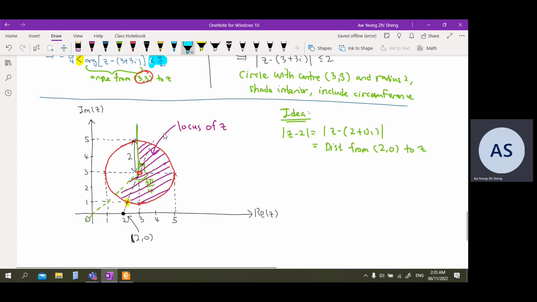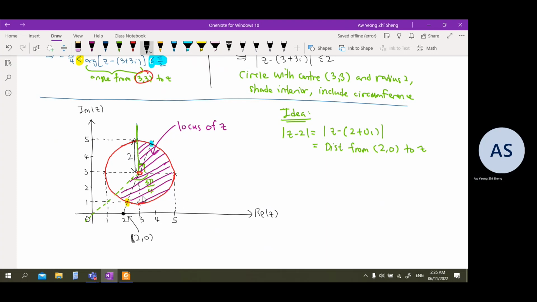And the other point that I'm coloring in light blue at the other side of the circle, that will give me the longest distance from 2,0 to z. Yeah, we can take this yellow and that blue point because they are both part of the shaded region. That's why we can take them.